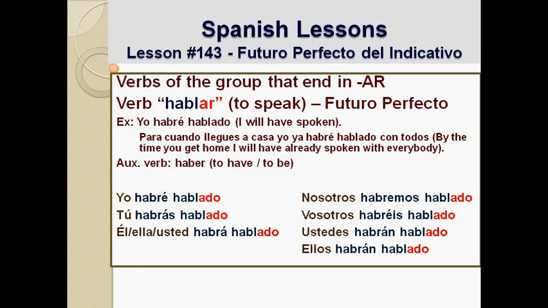Now, usted. Usted is the formal subject pronoun that is used for you or tú. However, the tú is informal or friendly, and usted is respectful or formal. Remember that Spanish is a formal language.